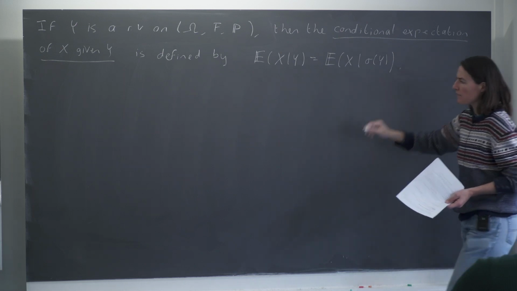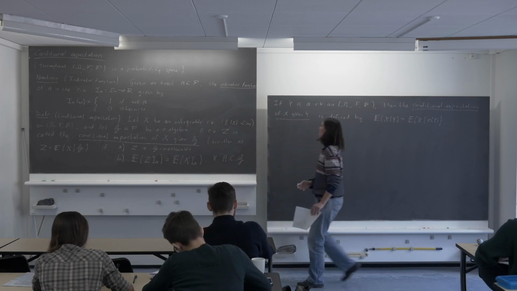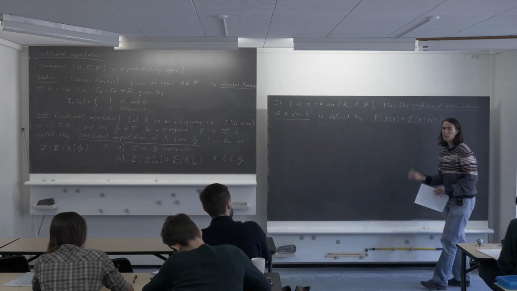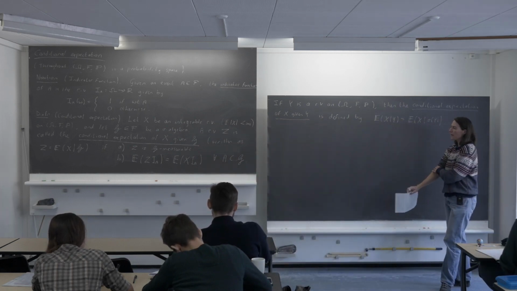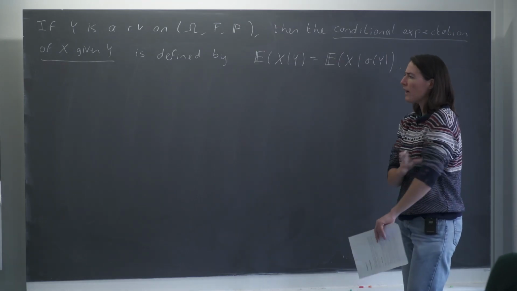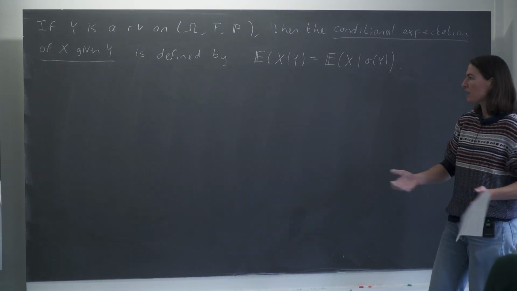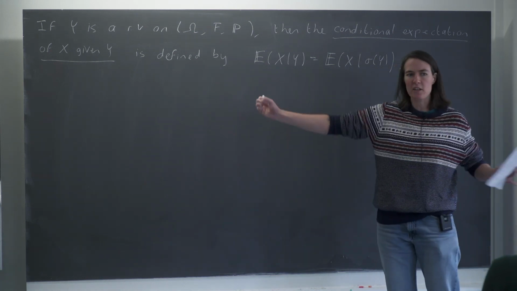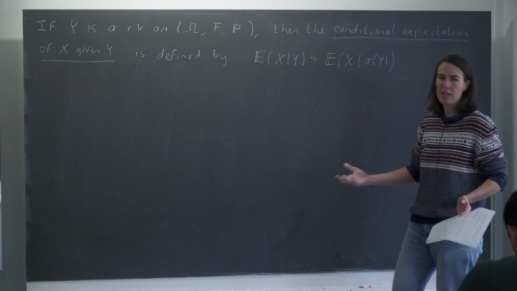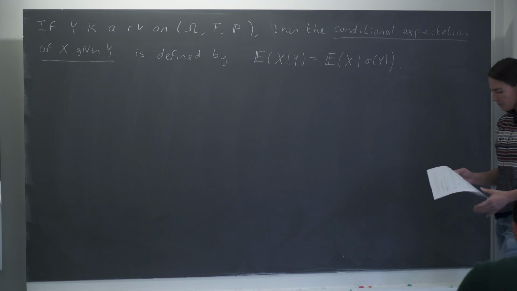Okay, so this definition allows us to talk about conditioning on random variables, but it allows us to talk about much more. So in particular, we can talk about conditioning on several random variables at the same time, or even uncountably many random variables at the same time. We can talk about conditioning on a sigma algebra generated by, say, a stochastic process up to time t, which is what we're going to want to do.